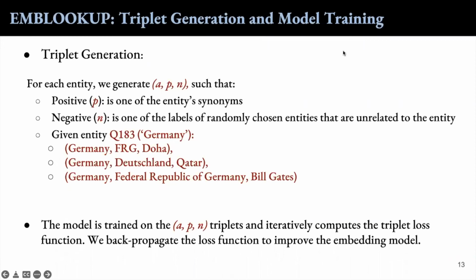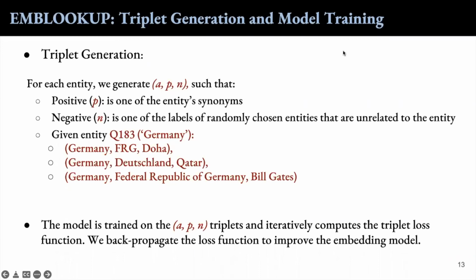The negative example is one of the labels of randomly chosen entities that are unlikely related to the entity. For example, if we have entity Germany, these are possible triplets that we can generate. Germany, Federal Republic of Germany is the label or a synonym, and Bill Gates is a label of a random entity that's not related to Germany.